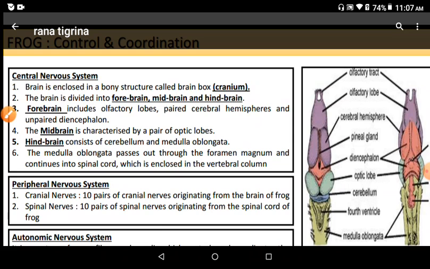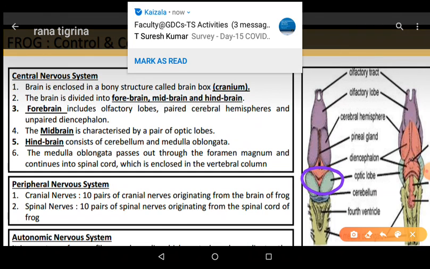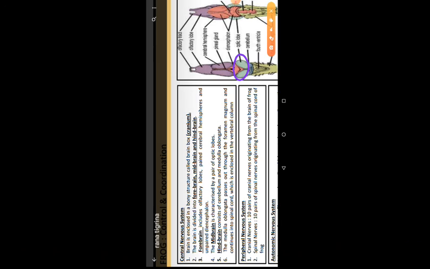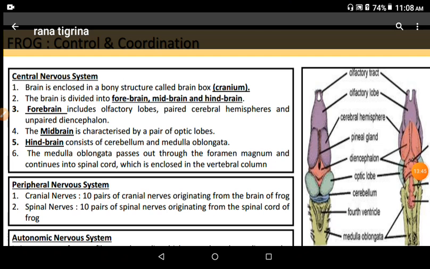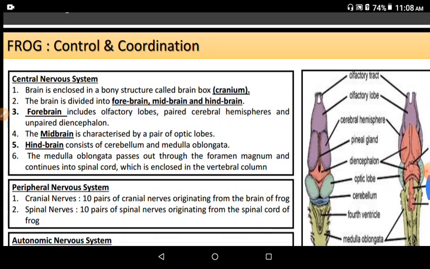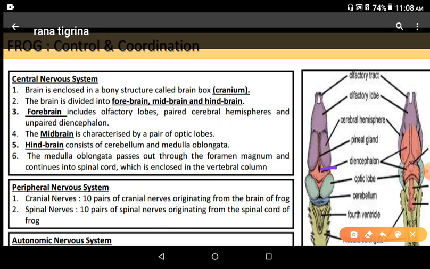The midbrain is characterized by a pair of optic lobes. This is the midbrain, which has two optic lobes, and this one is the hindbrain, the back part of the brain.